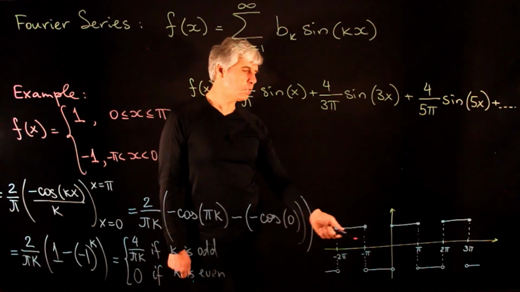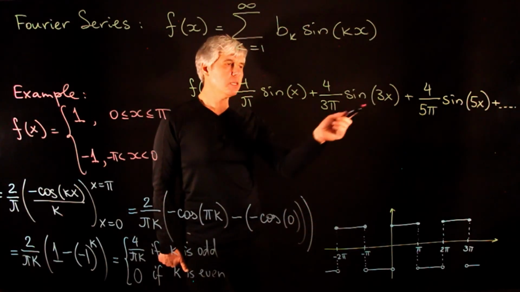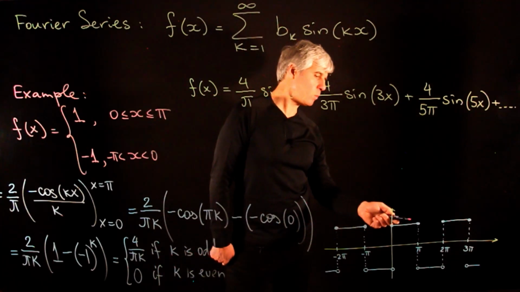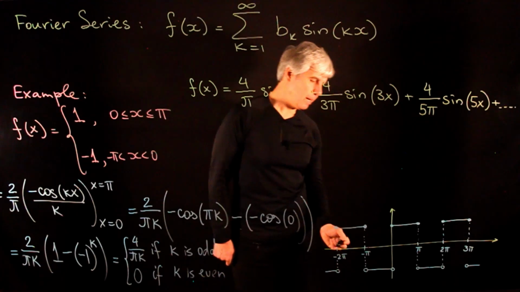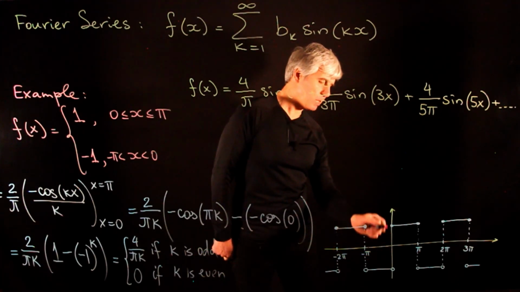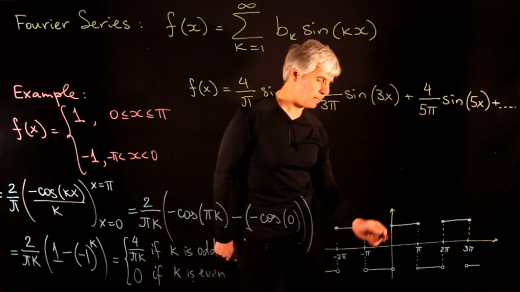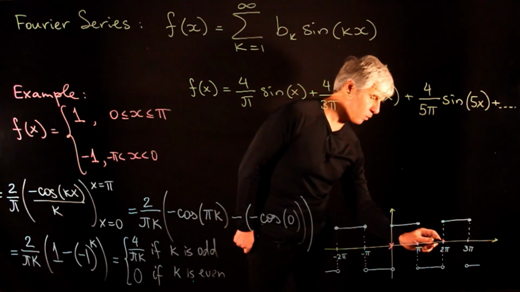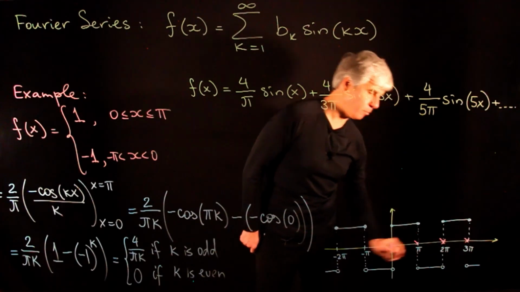At each continuity point, this Fourier series will converge to the value of the function, that is either to +1 or to -1. And at discontinuity points, it will converge to midpoints between the right-sided limit and the left-sided limit. So that is, it will converge to 0 at all multiples of pi.